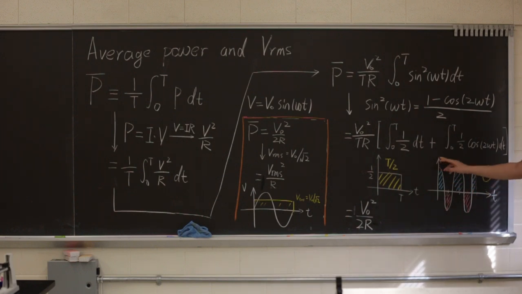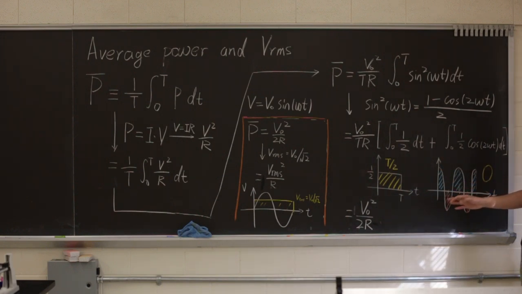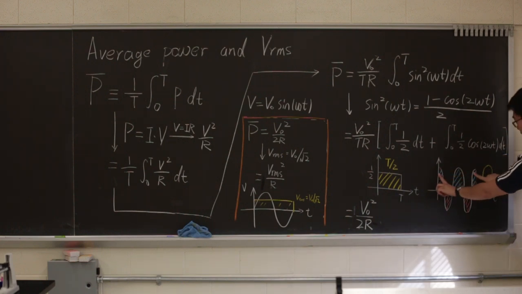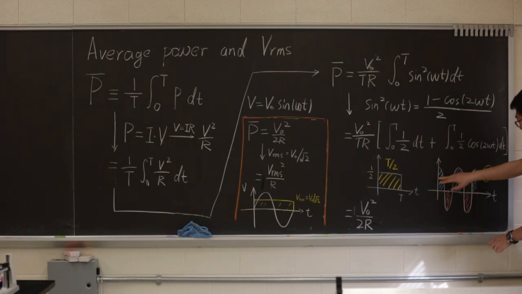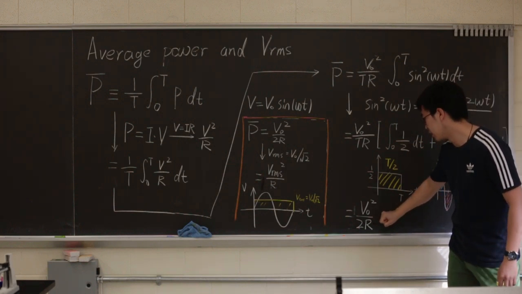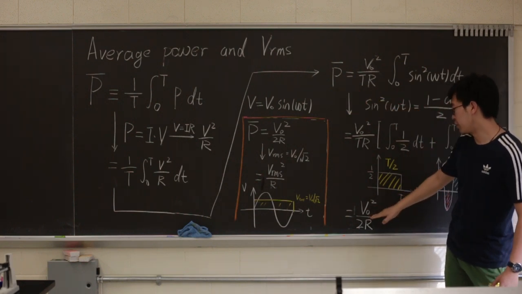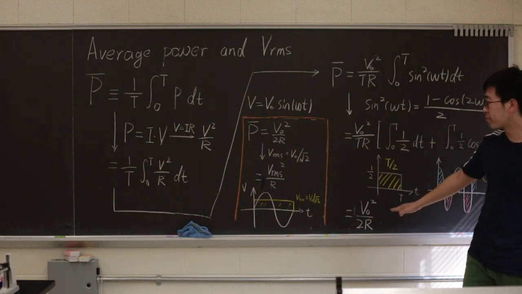For the sinusoidal oscillating part, it is 2 periods of 2 omega. So we have one of that, and 2 in total, and then minus those 2 negative, they add up to 0. So we end up having an average power equal to V naught squared over 2R.